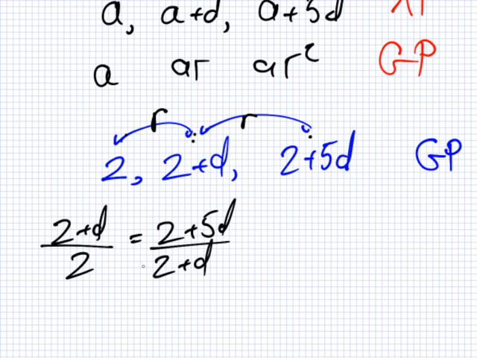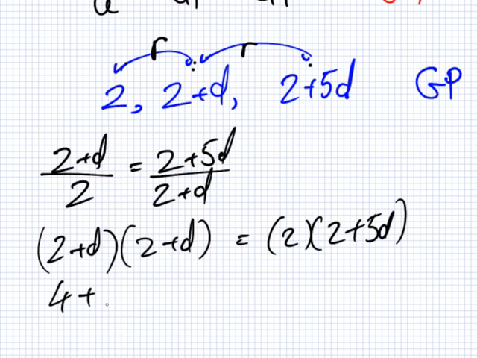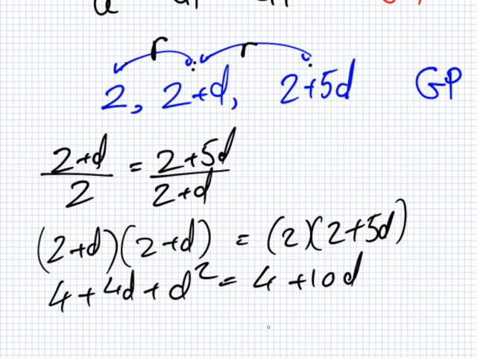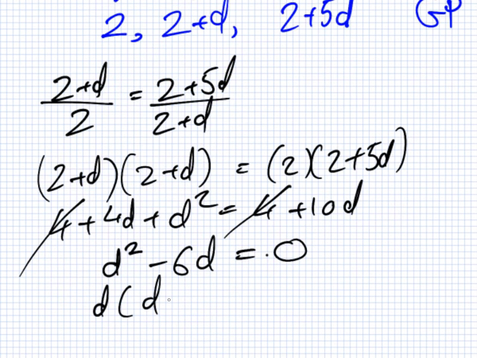Now, what's the verb? Cross multiply. So (2 plus d) times (2 plus d) equals 2 times (2 plus 5d). 4 plus 4d plus d squared equals 4 plus 10d. Right? The 4's cancel. d squared minus 6d equals 0. d times (d minus 6) equals 0.